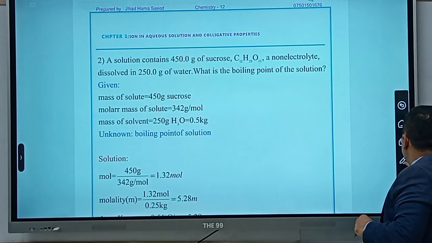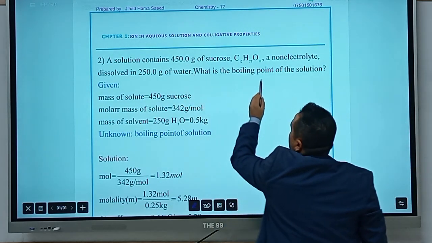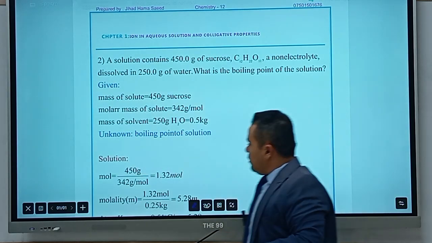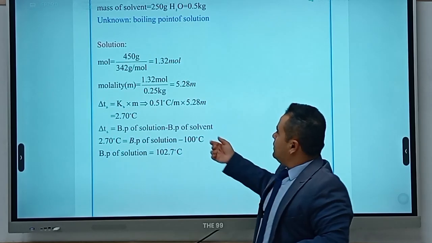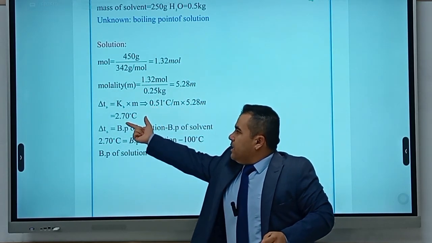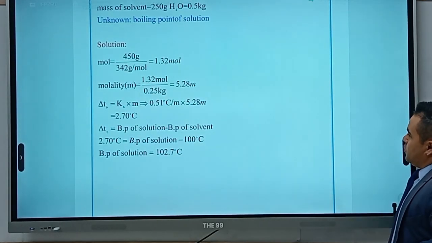One more question, guys. The mass of the solute and the mass of the solvent are given. The same strategy: we calculate the molality. The molality multiplied by the Kb gives the delta TB.